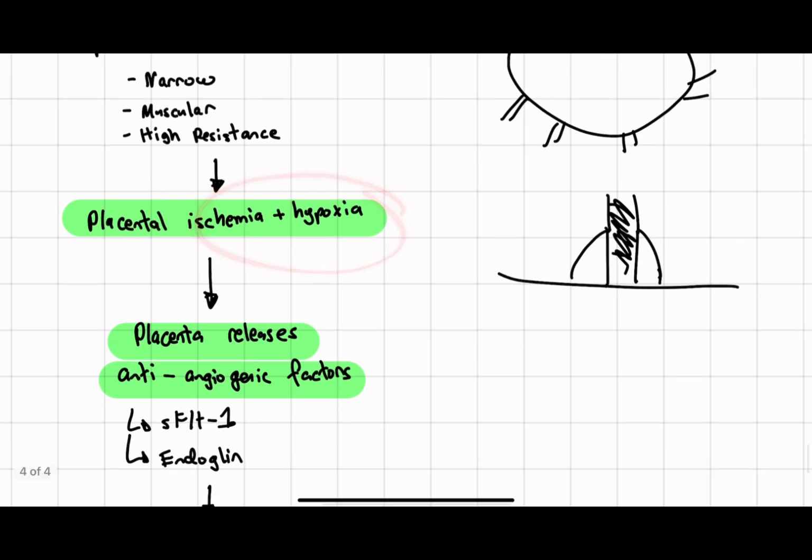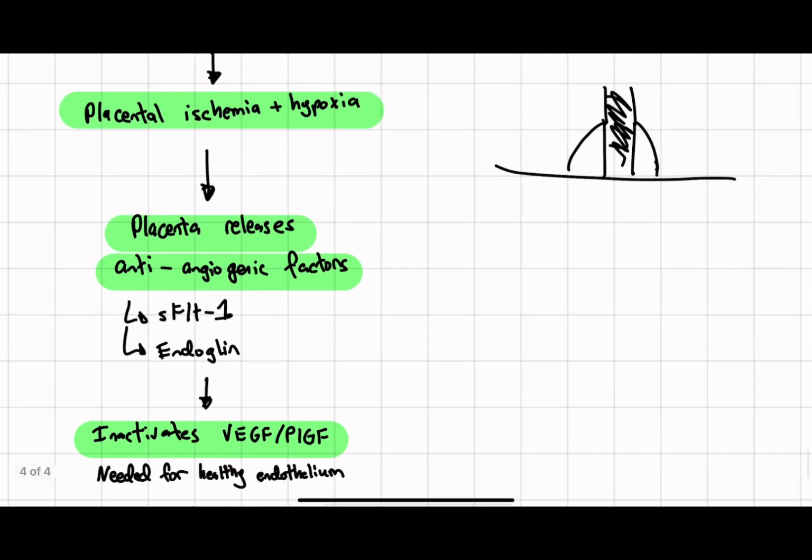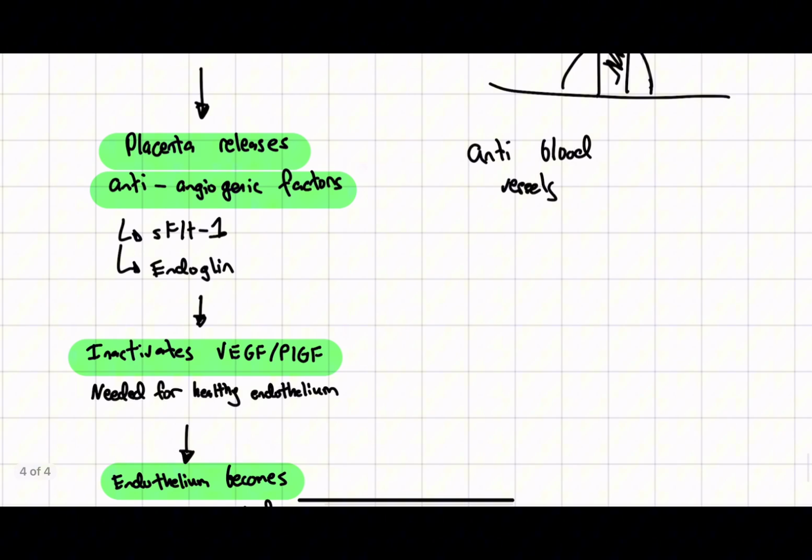Right. Okay. Fair enough. What does that even mean? Okay, sure, you have that issue, but then what? So then what actually happens is the placenta starts becoming anti-angiogenic. Okay, what does that mean? Basically, it becomes kind of anti blood vessels. Basically, it's going to release these factors, and I don't think it's really important to memorize these factors.